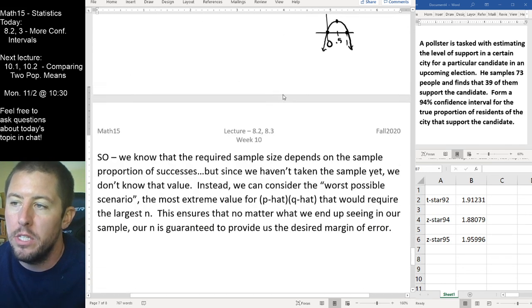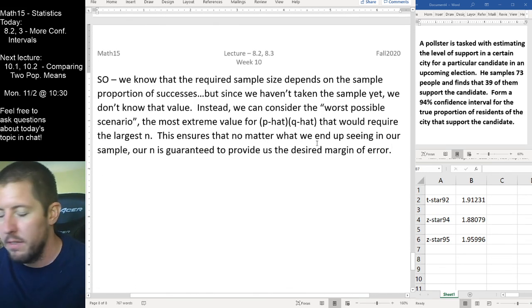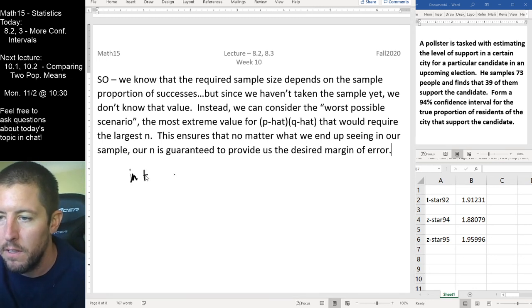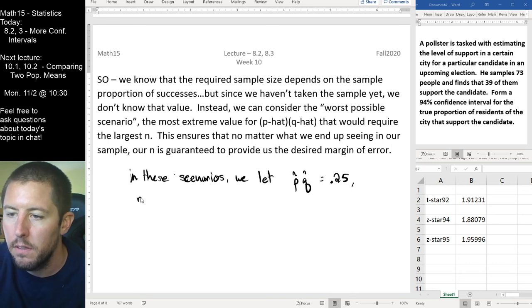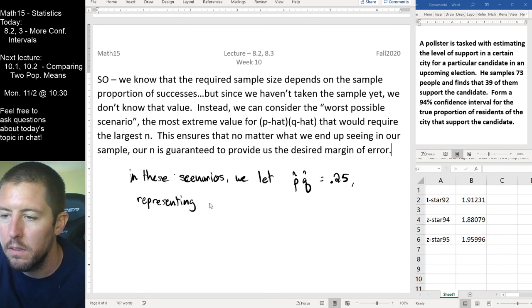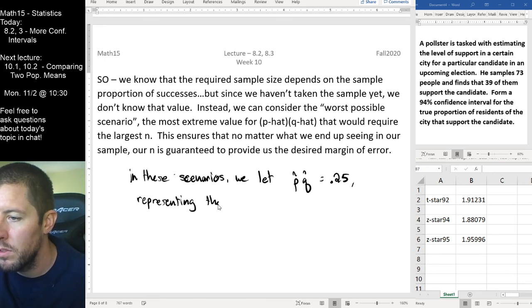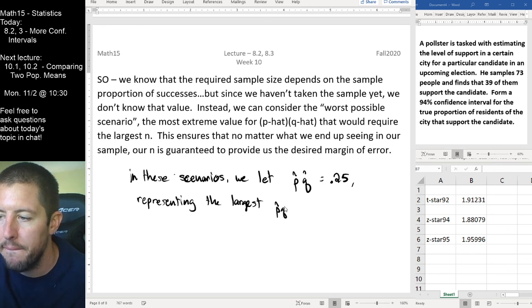So what we always do in these scenarios is we let p hat q hat equal 0.25, the largest value p hat q hat could take on.